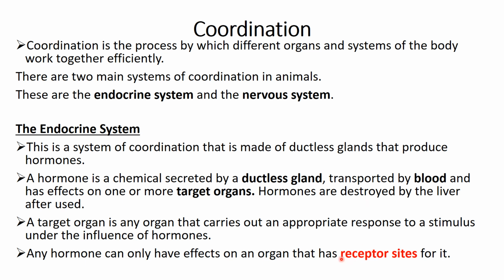Okay, so hormone A can act on an organ that has a receptor site for that hormone A. Hormone B cannot act on an organ that has receptor sites for hormone A. That's the idea. So each hormone acts on a target organ that has specific receptor sites for that specific hormone.